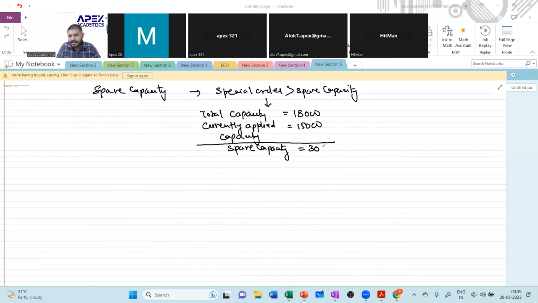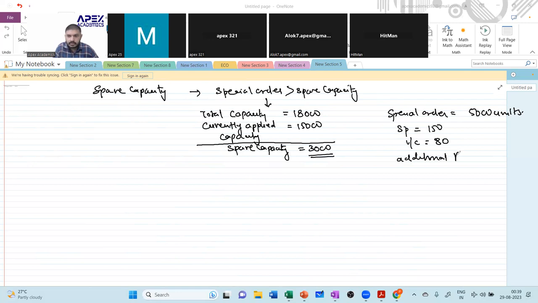Therefore, spare capacity 3,000. Special order 5,000 units. Selling price 150. Variable cost 80. Additional fixed cost 20,000.